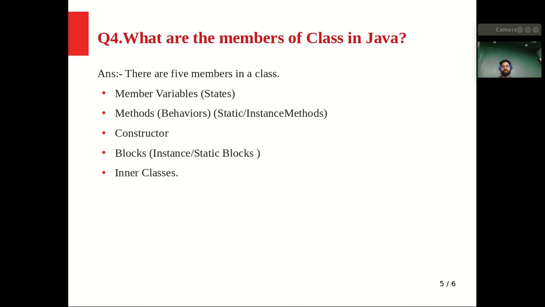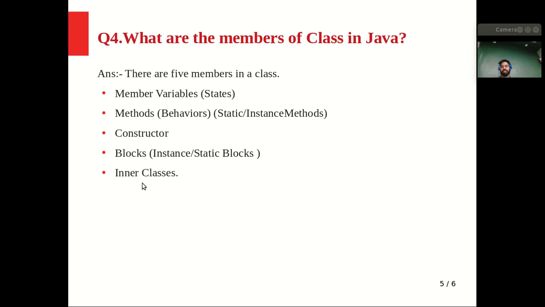For that we can use a static block, and the static block loads when our class gets loaded. So the static block and the static variables get space in memory before the instance block and the instance variables, right? So a block is used when we want to run a small piece of code.